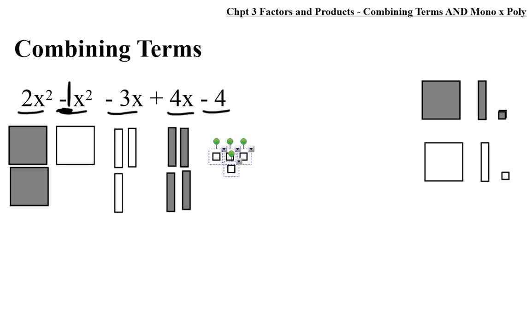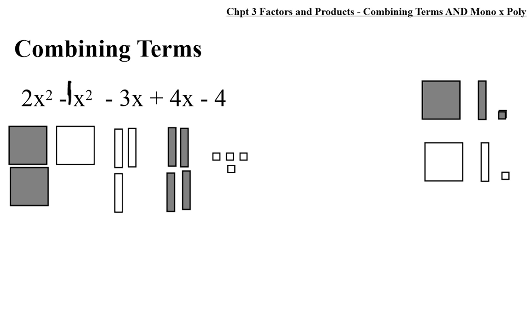So those go there. Now if we look, term 1, 2x squared. Term 2, -1x squared. Term 3, -3x. Term 4, 4x's. Term 5, 4 negative unit tiles. Well, let's put together the things that we can. If I look at the expression to start with, I lost my coefficient of 1 here.